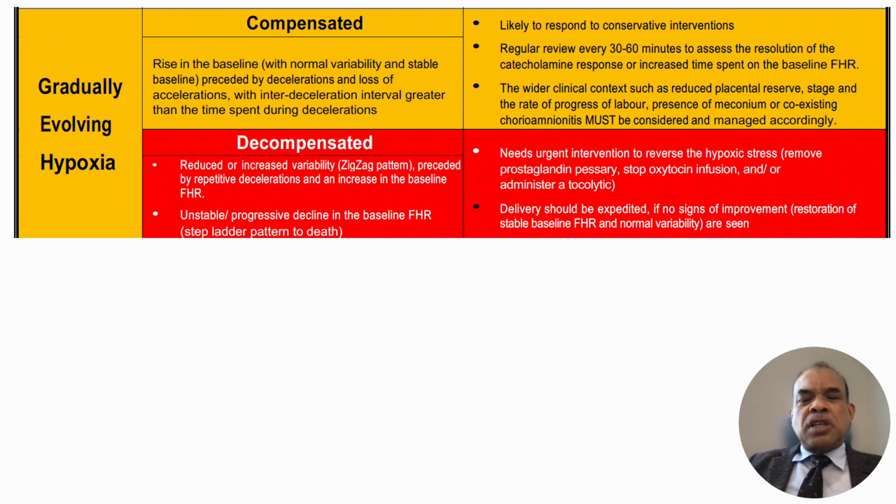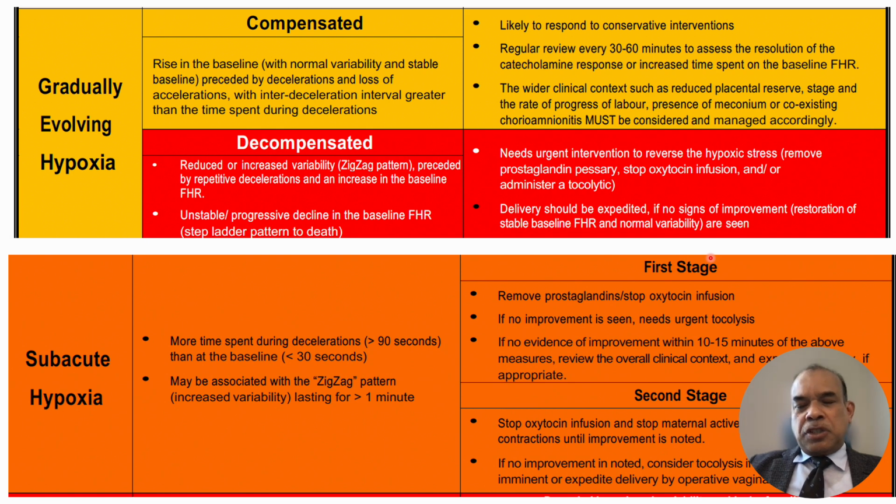The contractions are usually 1 to 2 in 10 minutes in the latent phase, and then they go to about 3 to 4 with increased duration, going to about 4 to 5 with stronger duration in second stage. And therefore, this is the commonest type of hypoxia. And again, the guideline talks about what the features of compensated gradually evolving hypoxia and decompensated gradually evolving hypoxia are, and how to deal with that situation.